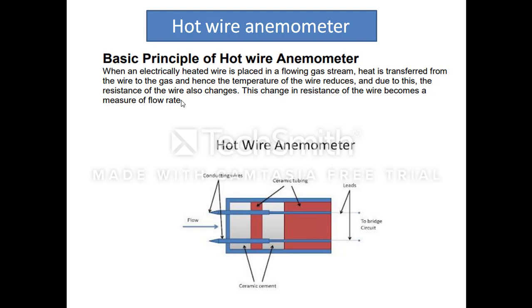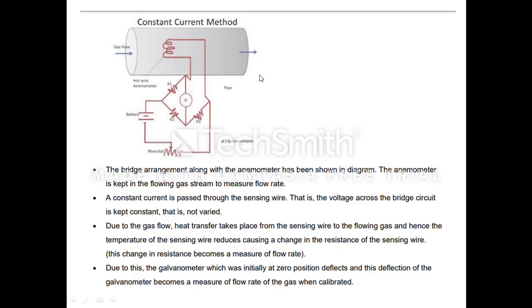We have seen a similar thing in the thermocouple gauge. Here, using an electrical circuit, we heat the wire, then supply the fluid whose flow we want to measure. Because of the fluid flow, the heated wire loses its temperature, which shows up as a change in resistance, and this change becomes the measure of flow rate.